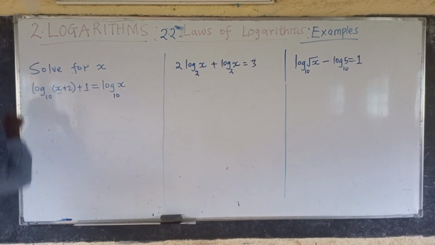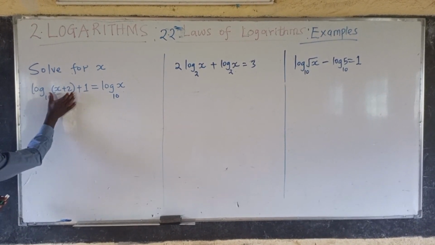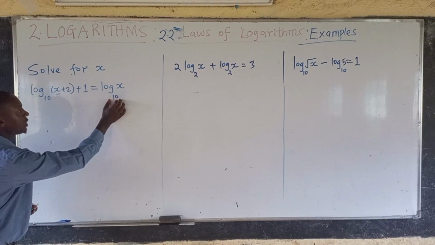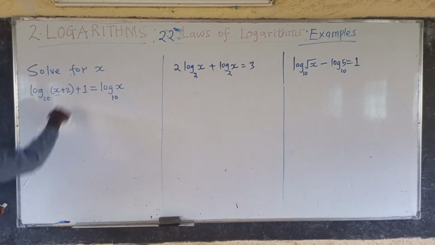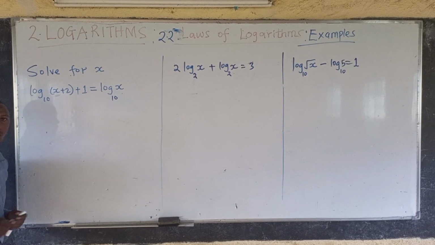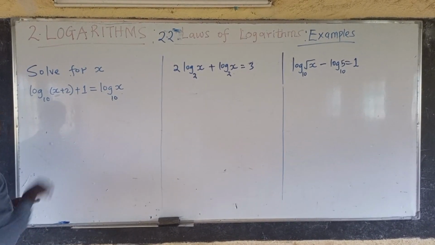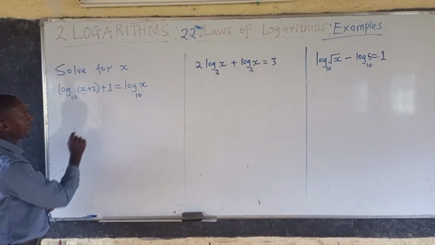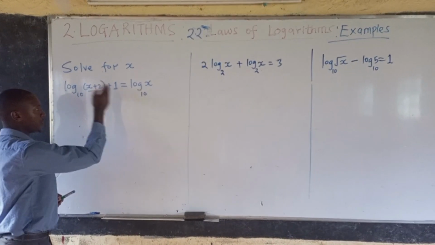So we have log to base 10 of (x plus 2), plus 1, is equal to log to base 10 of x, and we are supposed to find the value of x. So how do we do that? First of all, we see a 1 here, and we need to find a way to make it a log.